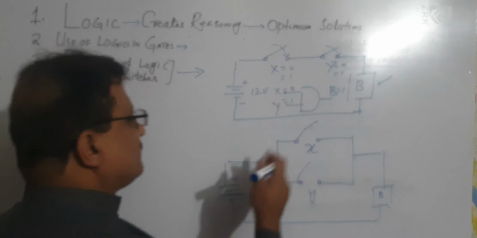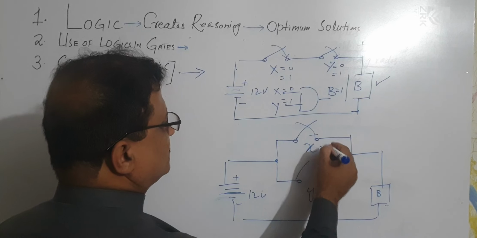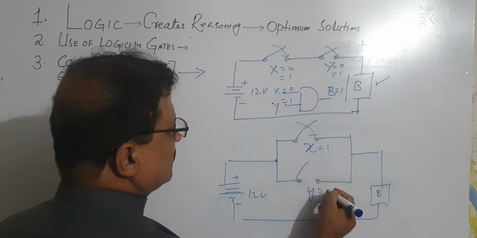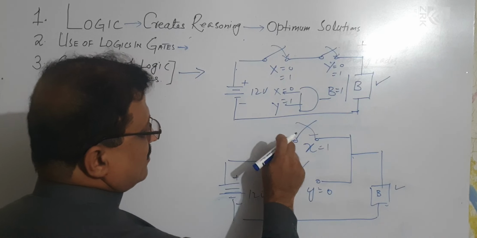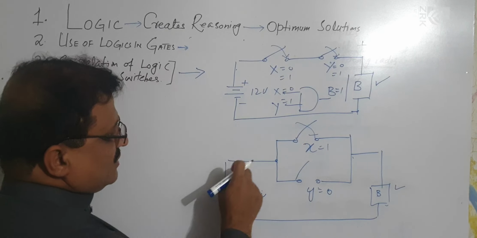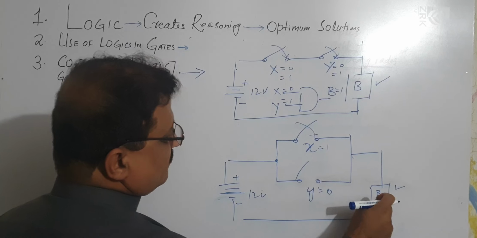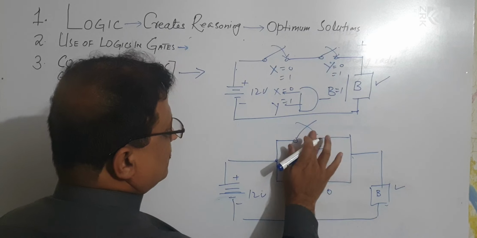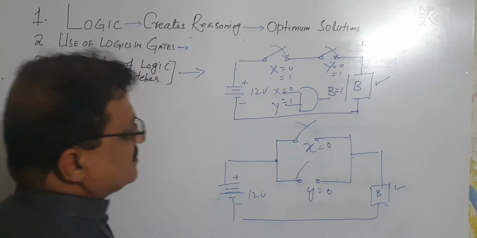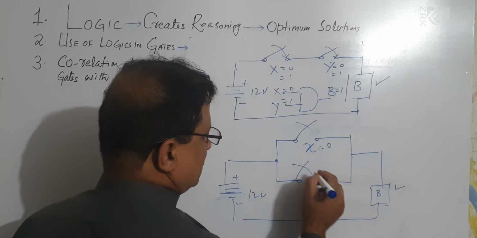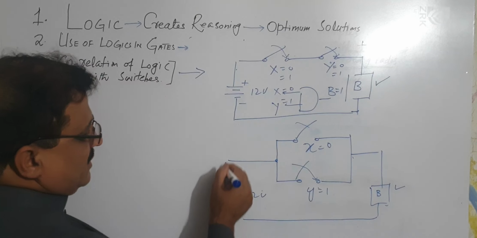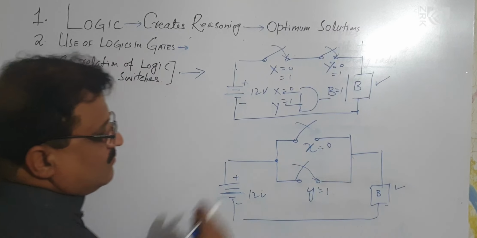So now if any of these two switches is closed, suppose X is equal to 1 and Y is equal to 0, the bulb will turn on because the supply source will get this path. What if we keep this switch open and the second switch closed? Now this supply will get this path and the bulb will turn on.